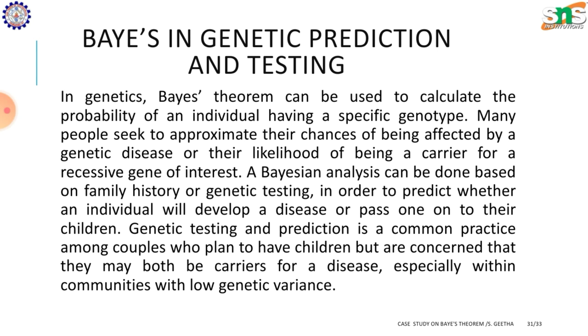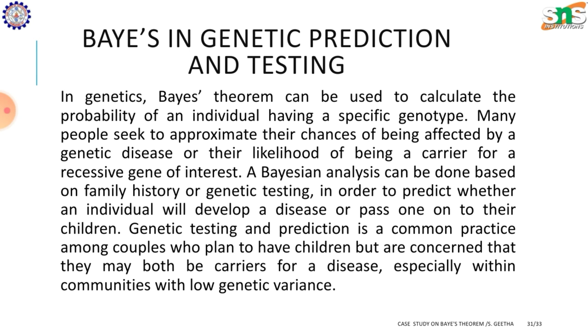Many people seek to approximate their chances of being affected by a genetic disease or their likelihood of being a carrier for a recessive gene of interest. A Bayesian analysis can be done based on family history of genetic testing in order to predict whether an individual will develop a disease or pass one on to their children.